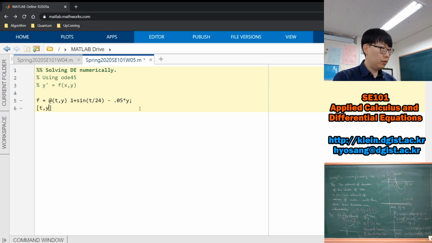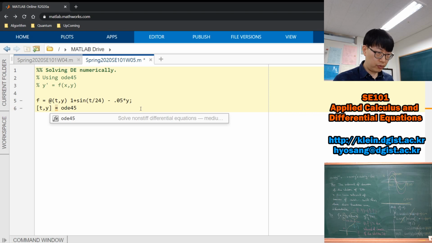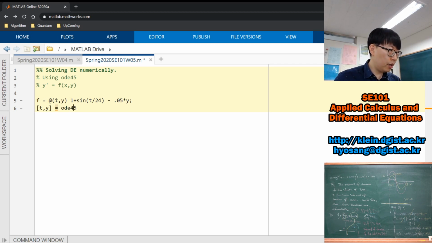So this is the input and this is output. And when you use the ODE45, the output is the array of x coordinates and y coordinates. And we have to take that in another array, another symbol, to actually plot the graph. So although I use t and y as a variable of this function, this t and y is only used in this context.